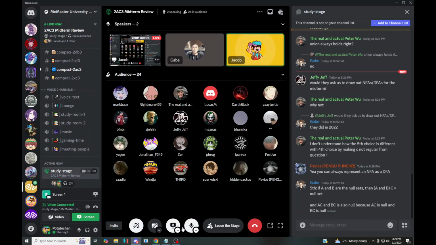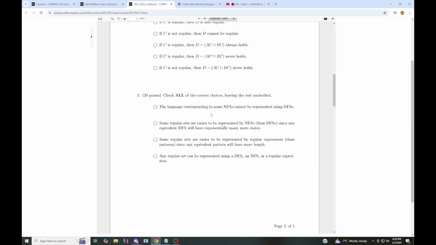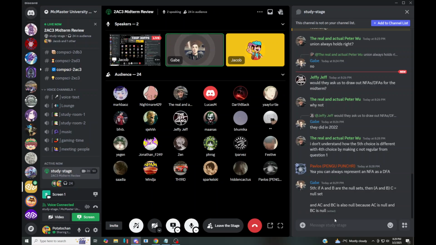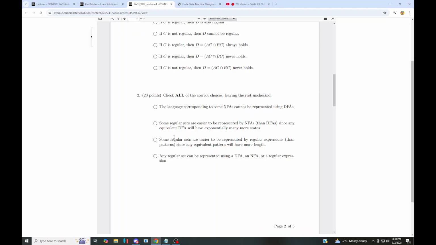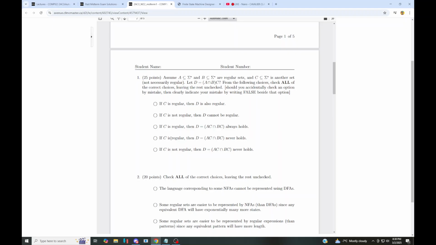I'm going to assume Gabe's answer clarified. If it didn't, he's asking because question 4 says if C is regular, and then says if not regular, and he's asking what the difference is. I think the idea is that you might think this one's true and this one's not.